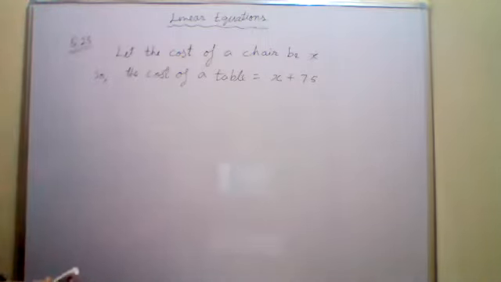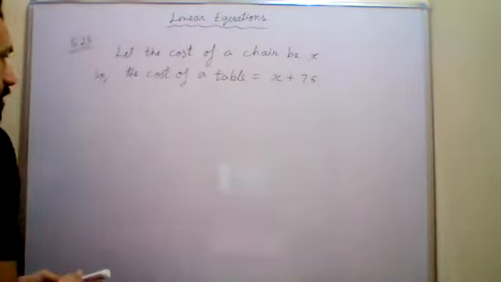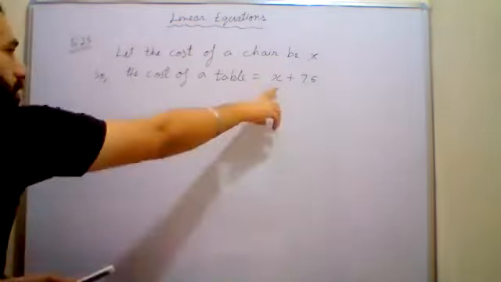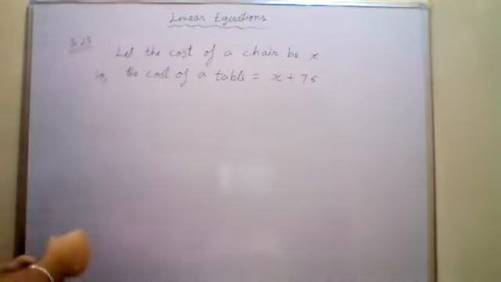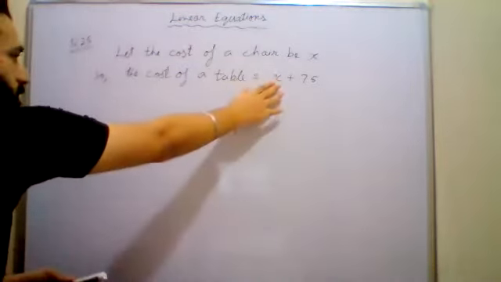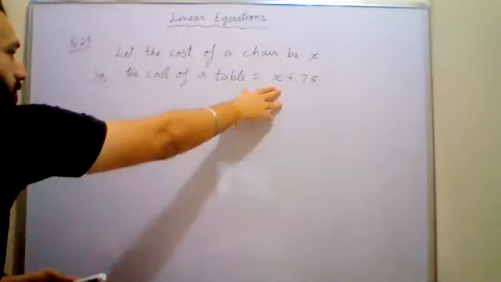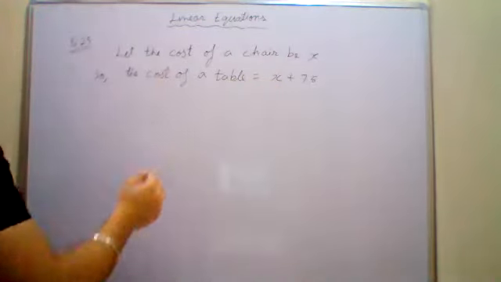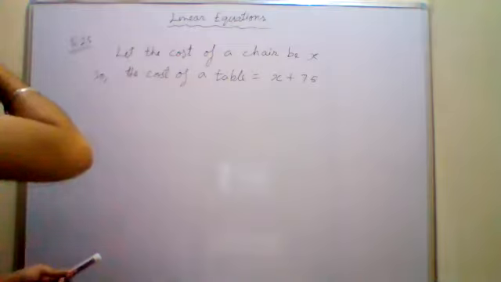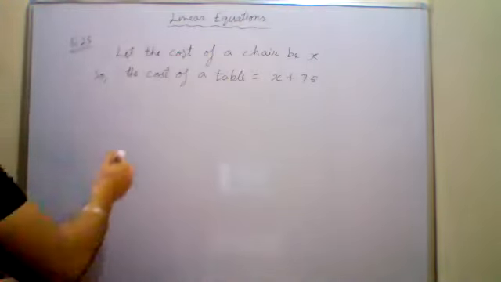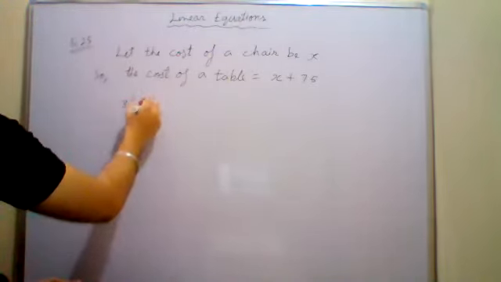Now it is given that the cost of 3 tables and 2 chairs is rupees 1,850. So if one table costs rupees X plus 75, what will be the cost of 3 tables? 3 multiplied by X plus 75.